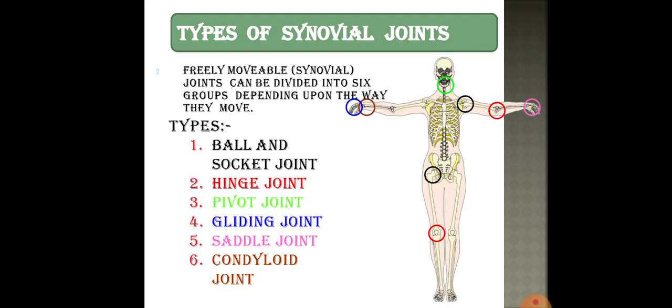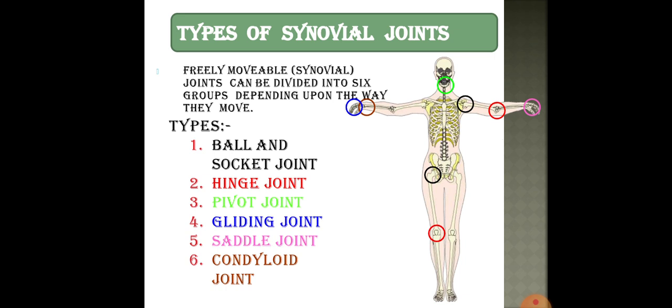Types of synovial joint. Freely movable or synovial joints can be divided into six groups depending upon the way they move.